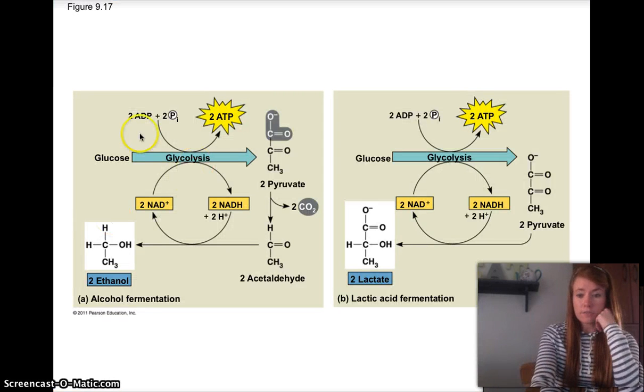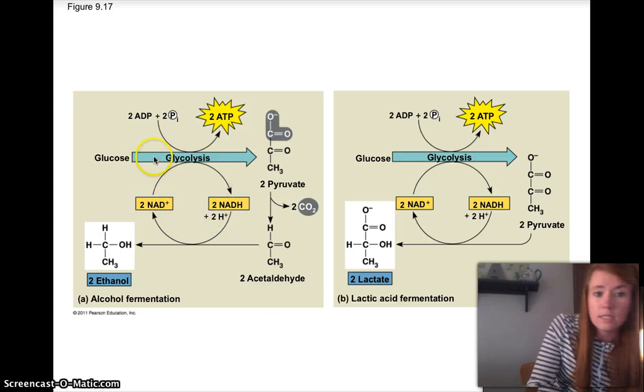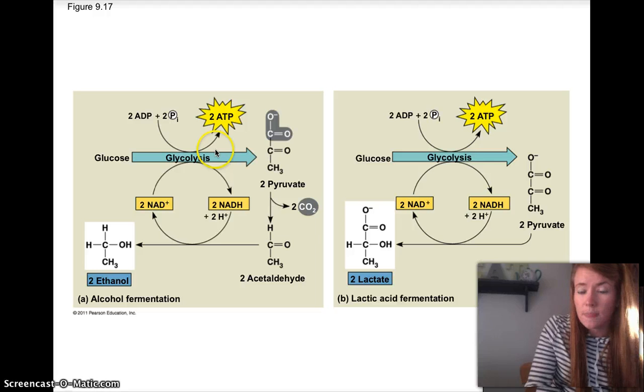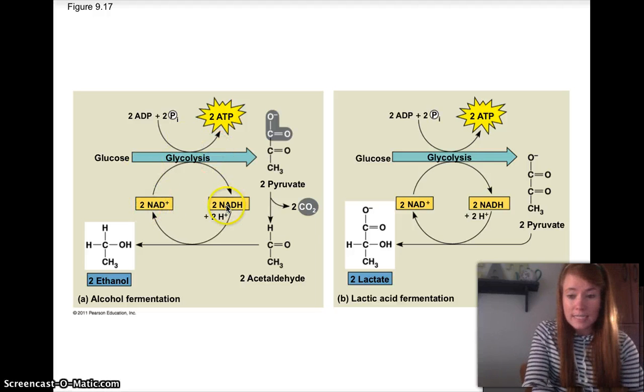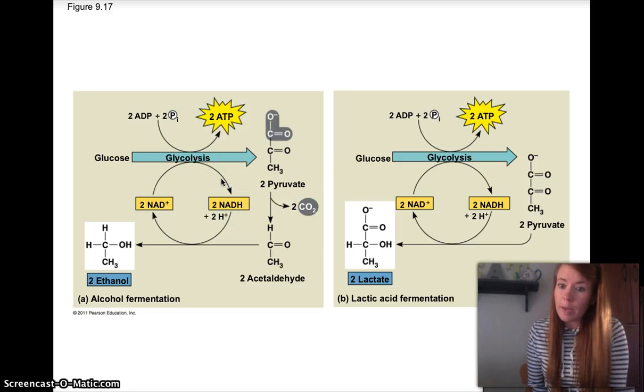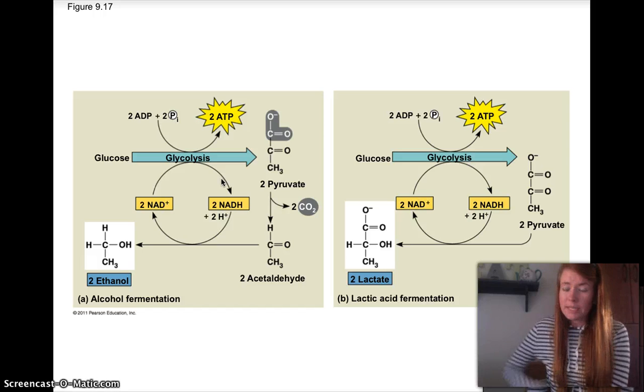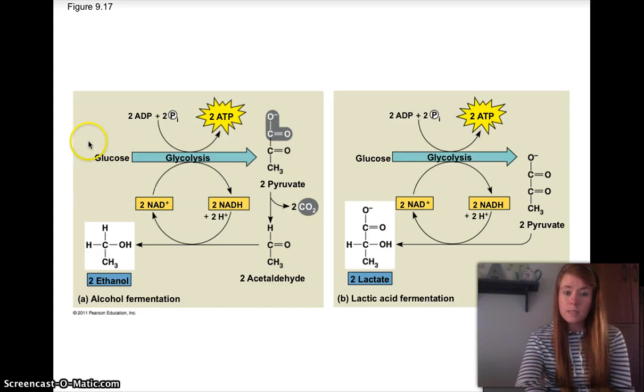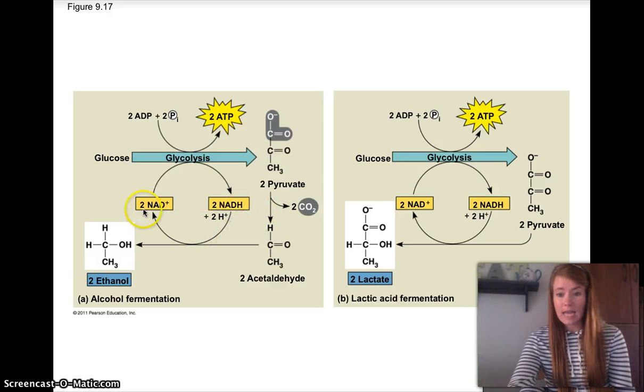During glycolysis, we make 2 ATP and we make 2 NADH from 2 NAD+, and we get a pyruvate out. That's all well and good, and this could keep happening over and over because we're going to have a big supply of glucose, but we need to turn this NADH back into NAD+.